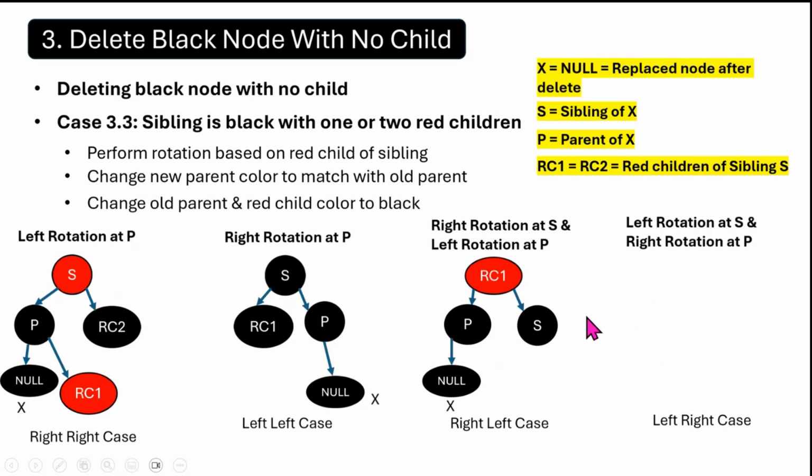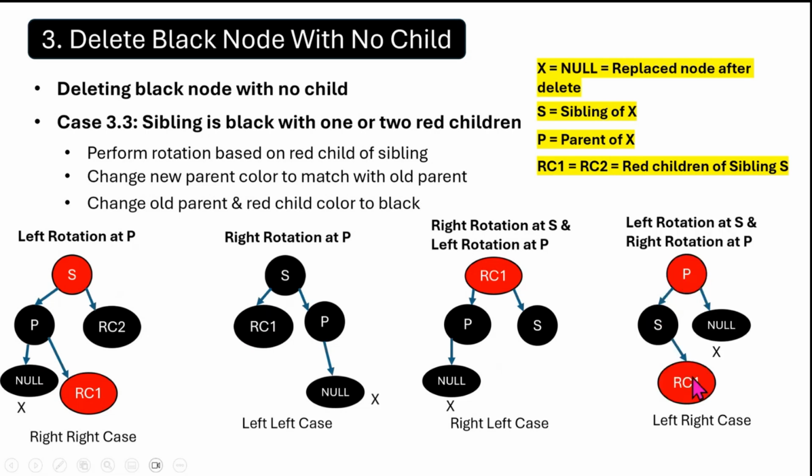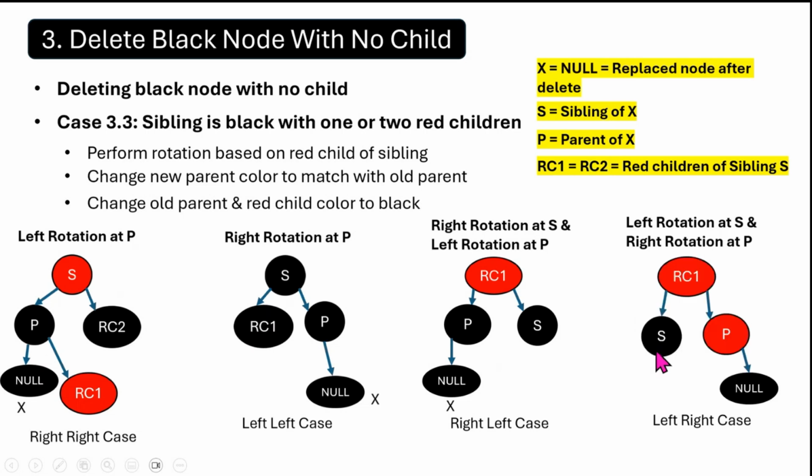So similarly for this, which is a left right case, we do a left rotation at S and then a right rotation at P to change the structure like this. And this is the new parent. So it should match the old parent color. It is matching. And then we change the red child and old parent color to black. So the red child is basically the child of S, right?